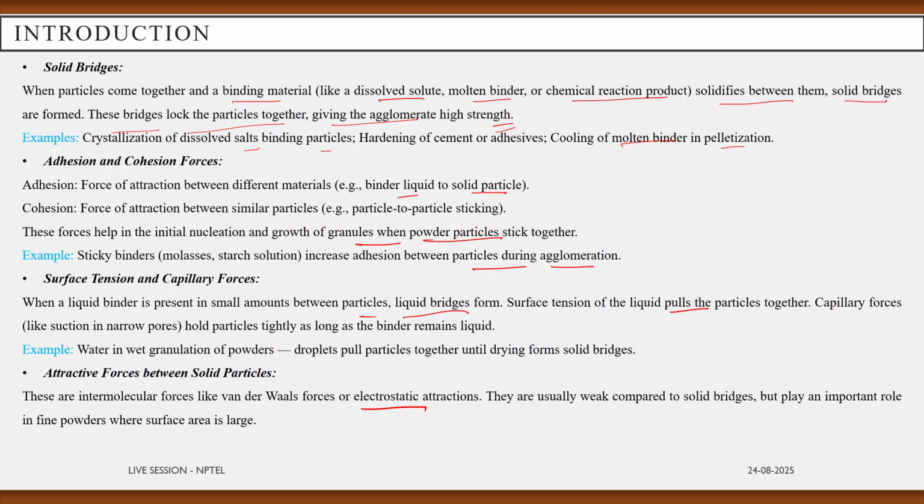They are usually weak compared to solid bridges formed, but they also play an important role in fine powders where the surface area is very large. For example, fine pharmaceutical powders stick to each other using van der Waals forces.